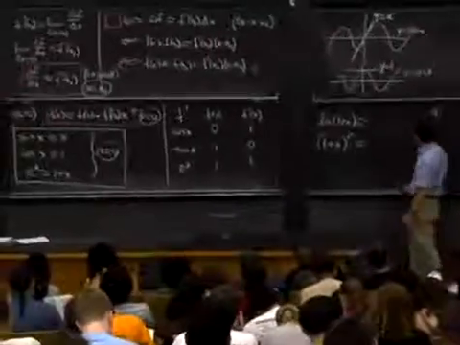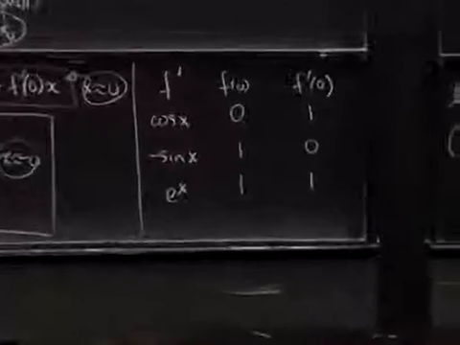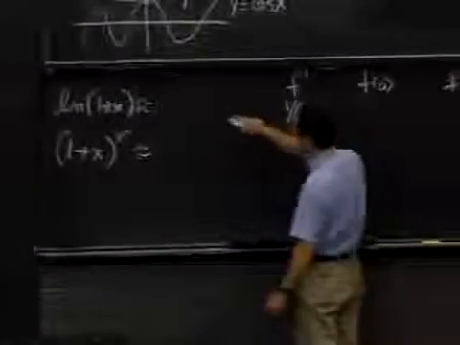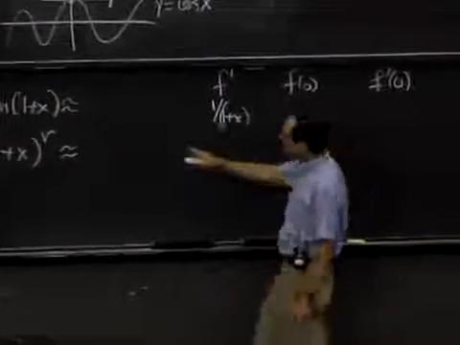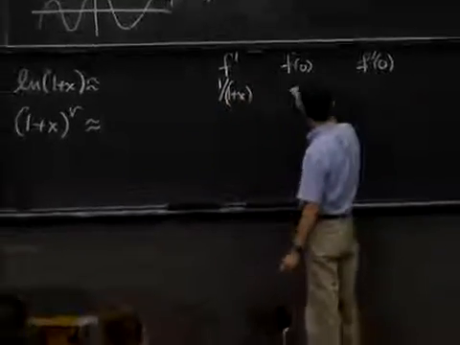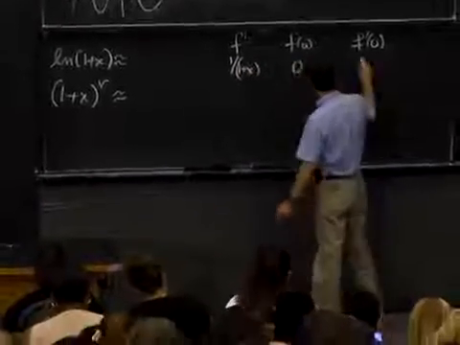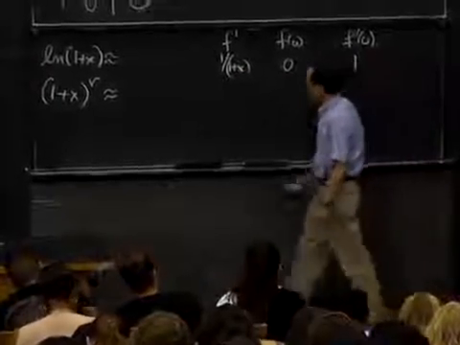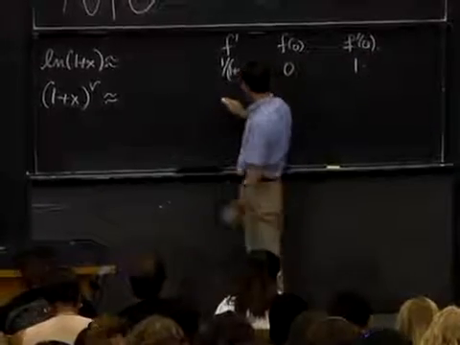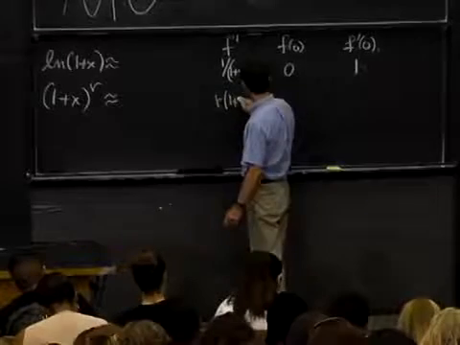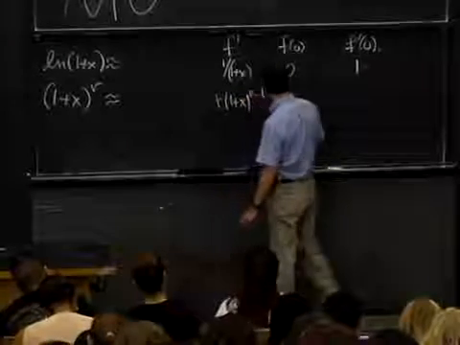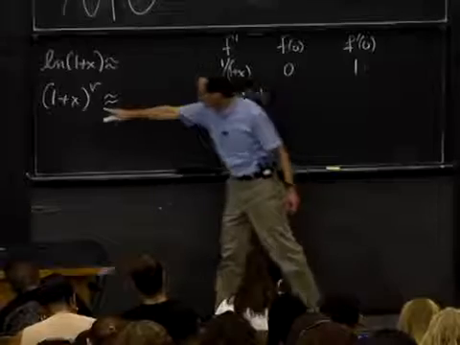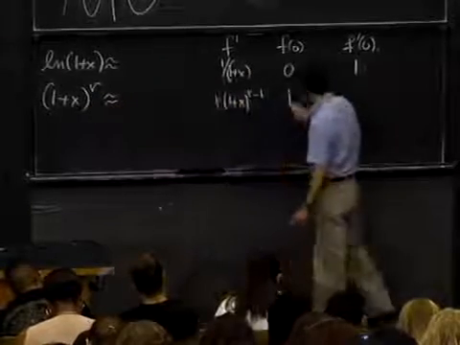So f prime is 1 over 1 plus x in the case of the logarithm, and f of 0, if I plug in, that's log of 1, which is 0. And f prime, if I plug in 0 here, I get 1. And similarly, if I do it for this one, I get r times 1 plus x to the r minus 1. And when I plug in, f of 0 is 1 to the r, which is 1.